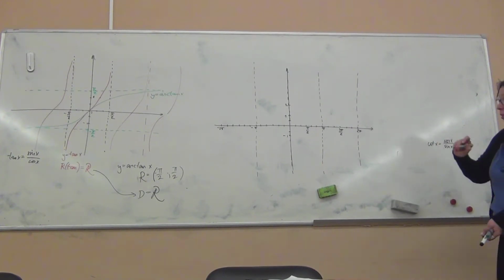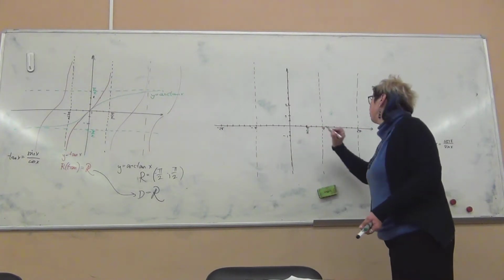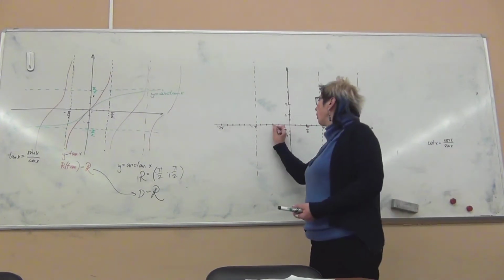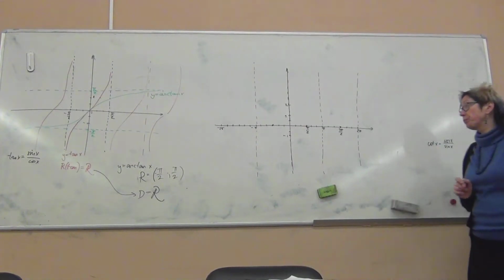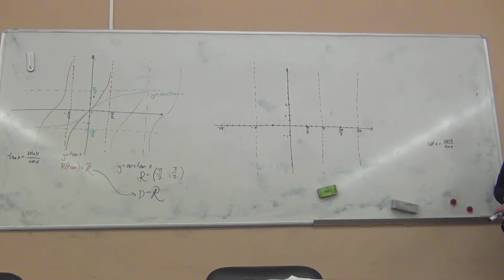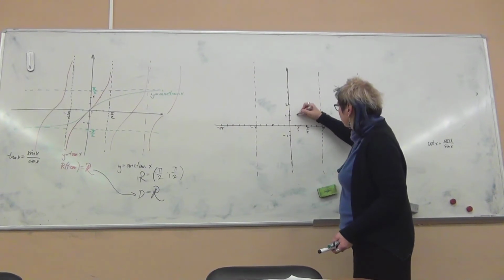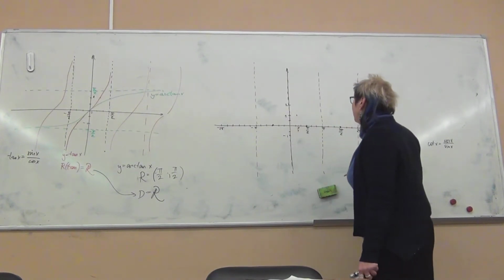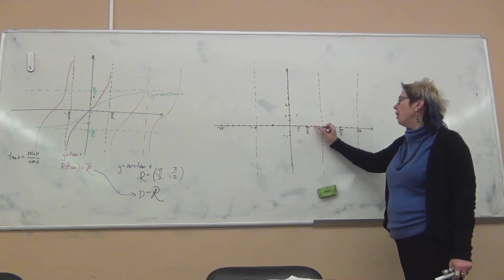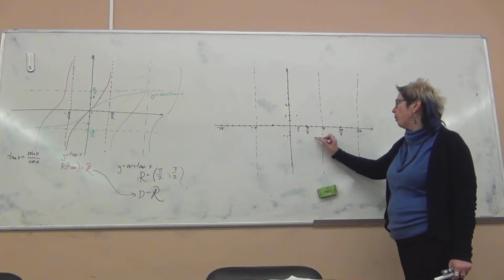Cosine is 0 at the points pi half, 3 pi half, minus pi half, and so on. Now, what about the other values of the cotangent? Cotangent of 45 degrees, of pi over 4, is 1. So pi over 4, 1. And if we have 3 pi over 4, then that would be minus 1.